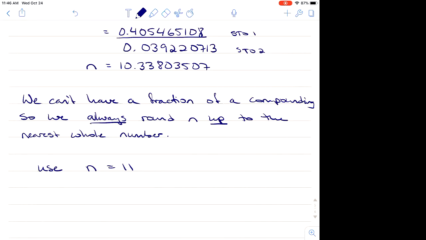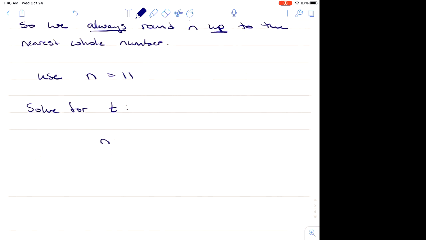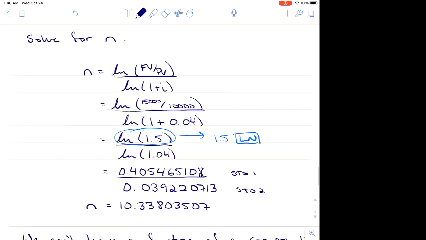Now our second step is to take n to solve for t. So now solve for t. n, remember, is time times the frequency. If n must be 11, we're trying to solve for t, and the frequency, I think, was 2, right?